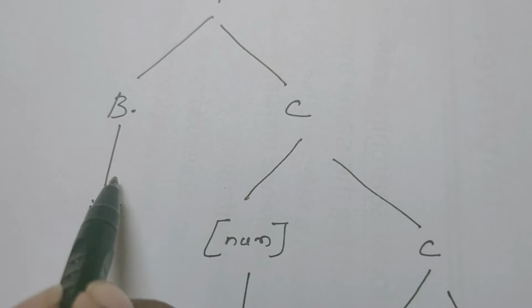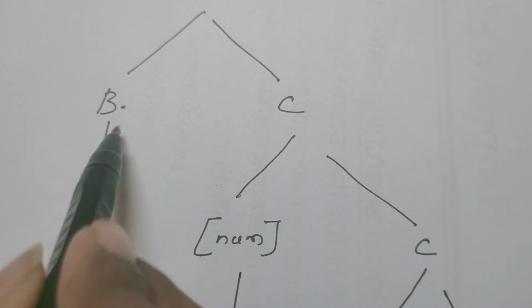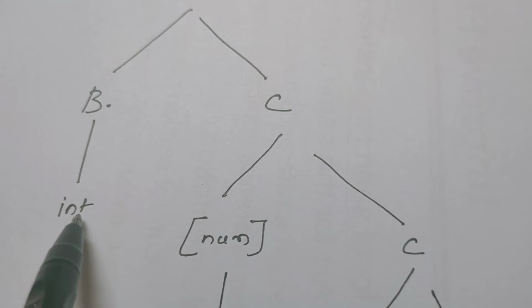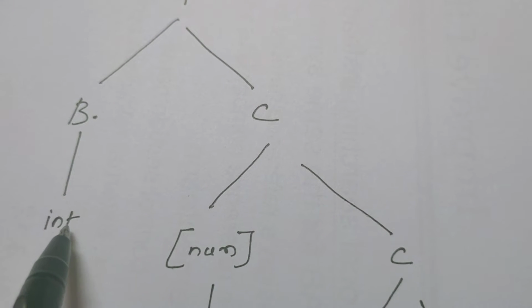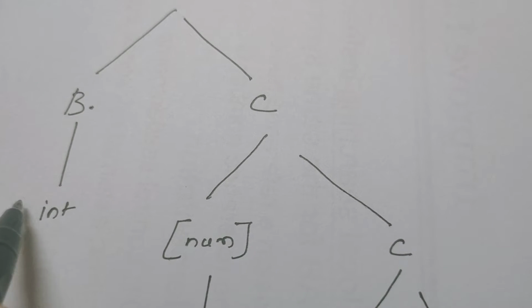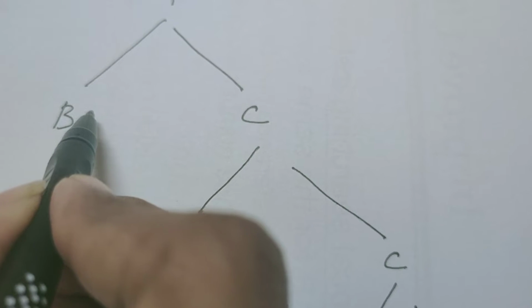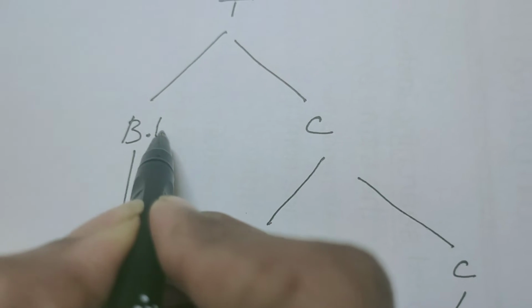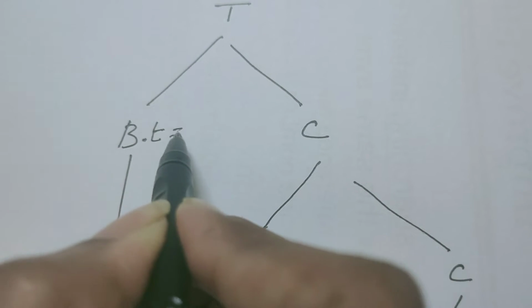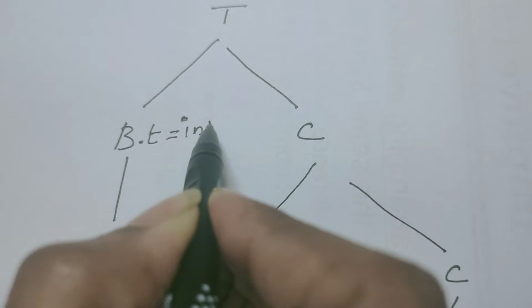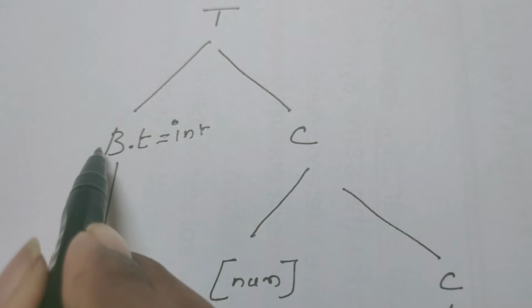So this B takes this value, it is synthesized in fact. B directly derives integer, so from the child node, the value flows to the parent node. I define the synthesized attribute by the name T. So B.T is equal to integer.